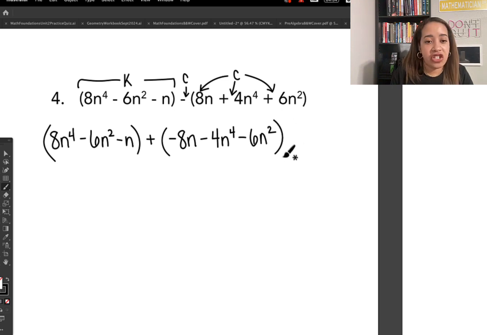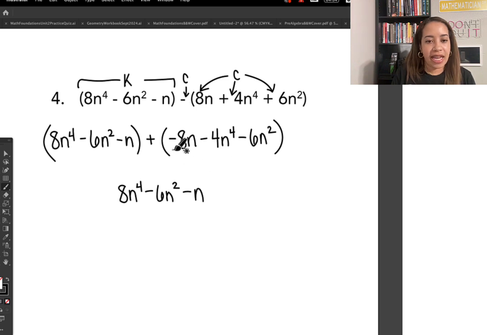Now that I have changed it into addition, I can stack up the pieces that look alike, and I can add. I'm going to start by copying down my first polynomial. And I'm going to stack up the pieces that look alike.